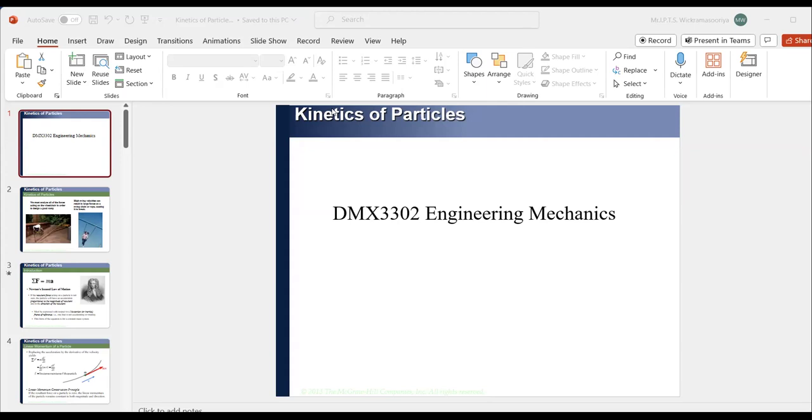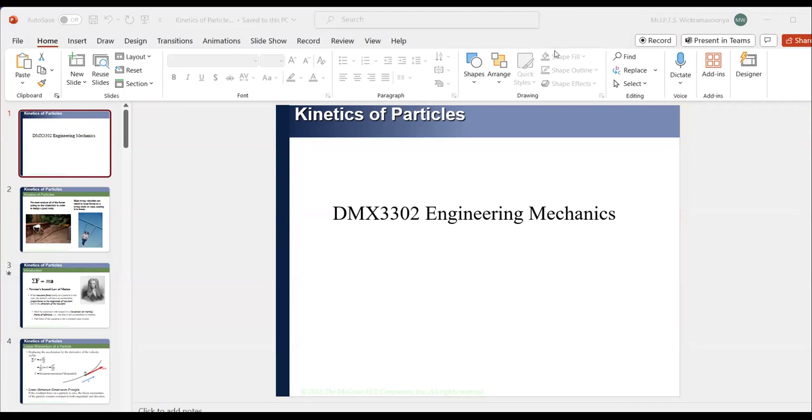One is kinematics, where we discuss and learn about how an object or a particle moves through space with respect to time. So you only worry about the motion, which is called kinematics.